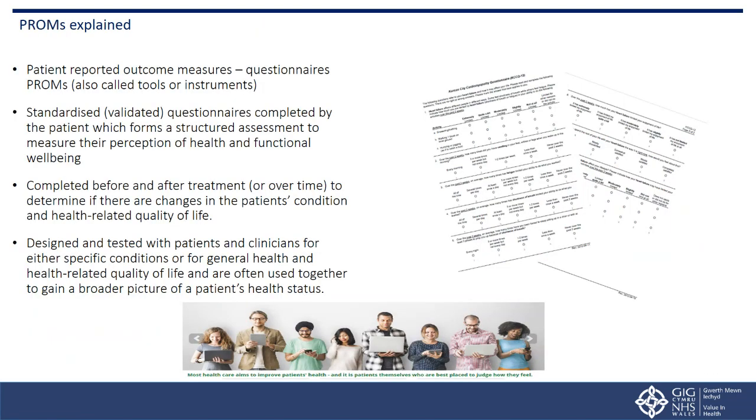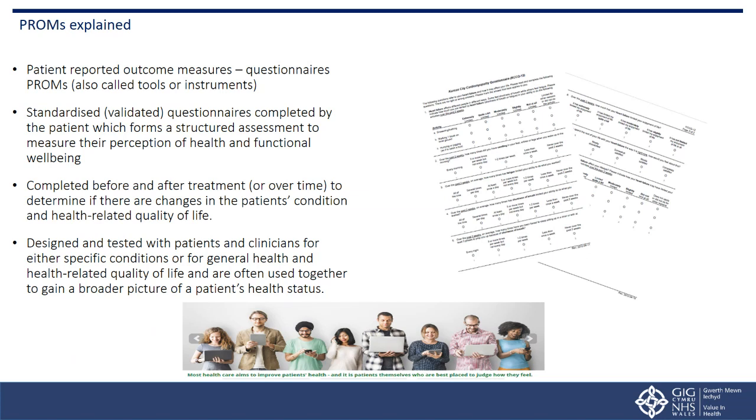So what are PROMs? PROMs are standardised and validated questionnaires completed by the patient which form a structured assessment to measure patients' perception of health and functional well-being. PROMs can be completed before and after treatment or over time to determine if there's been a change in the patient's condition and health-related quality of life.